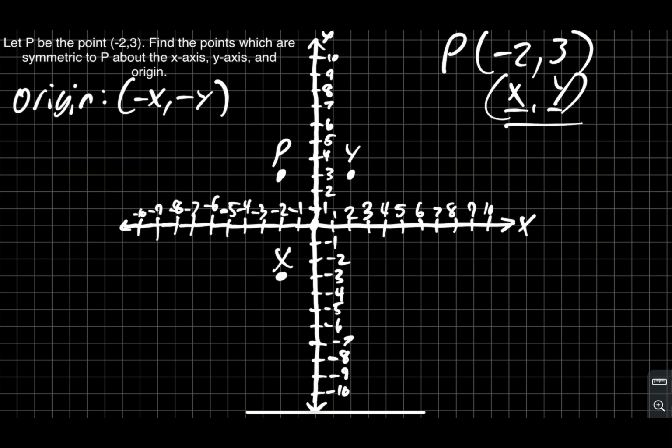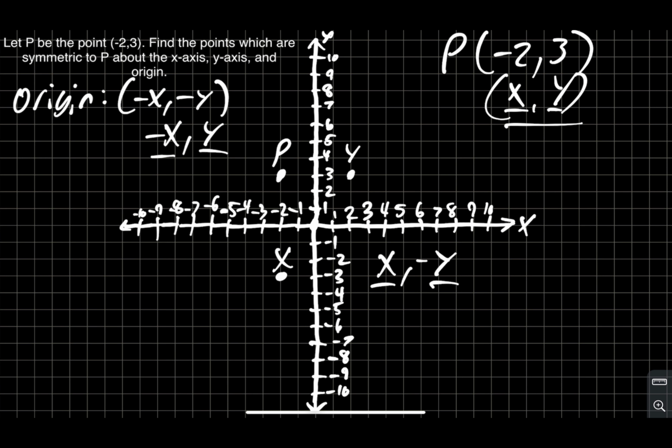We use the negative x comma negative y formula because in the second quadrant, it follows the negative x comma y formula, and in quadrant 4, it has the positive x comma negative y formula. So the x switches signs and the y switches signs.